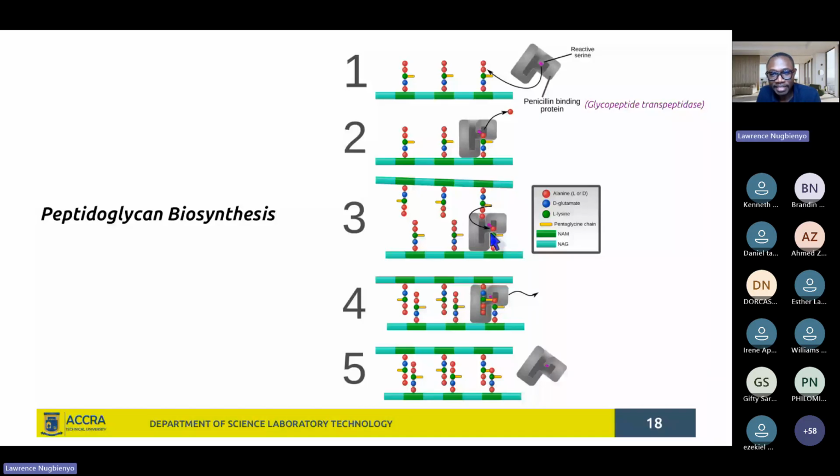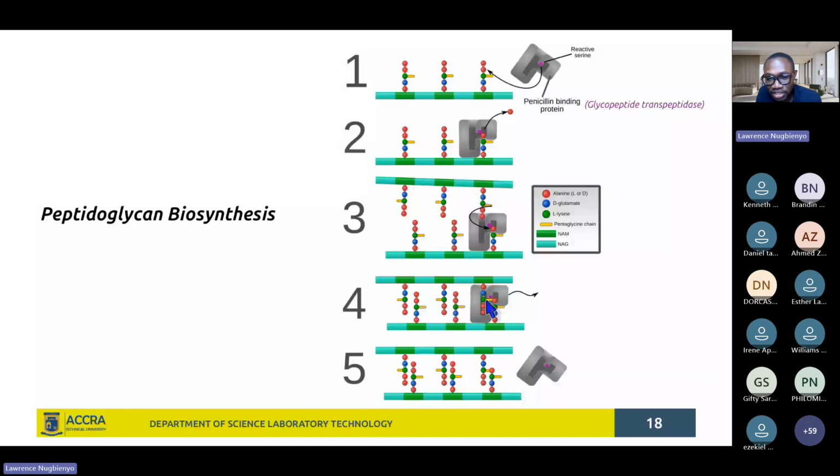Come to number 3, and you see that you have a second peptidoglycan that is binding into another side of the active center. And you now have number 4, the cross linkage.